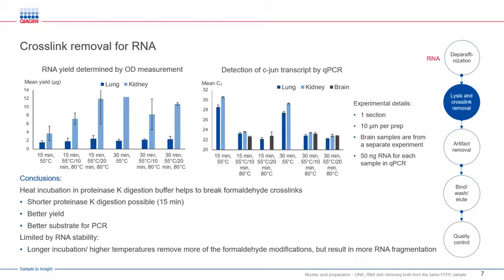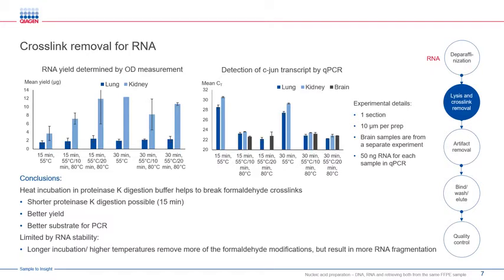If you look at the yields, you can see that at 30 minutes compared to 15 minutes, you get quite a bit higher yield, especially from kidney. And when you do only the 15 minutes, you reach the same yield if you include the 80-degree incubation. On the right, you then can see how this isolated RNA performs in qPCR.